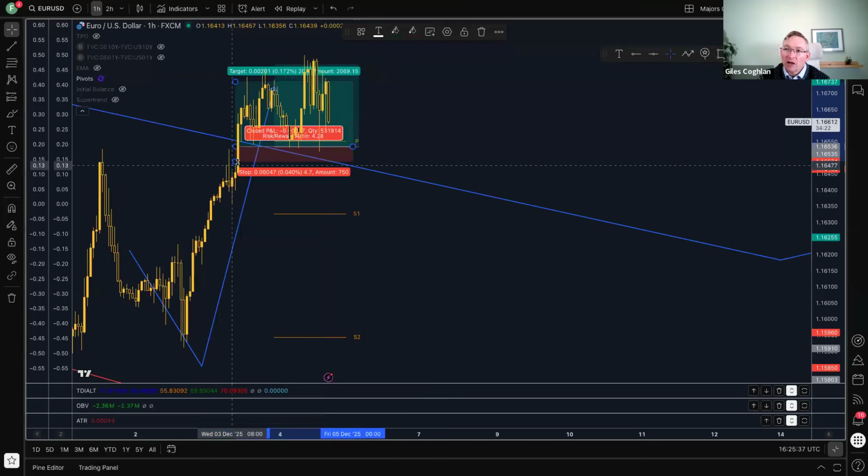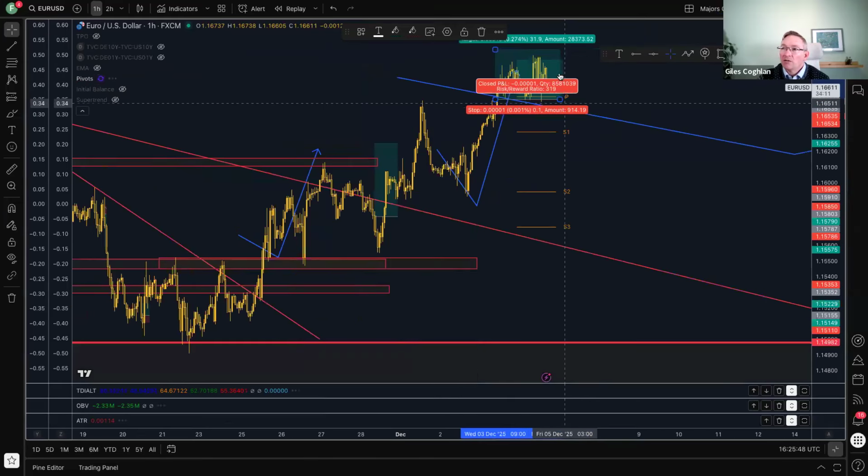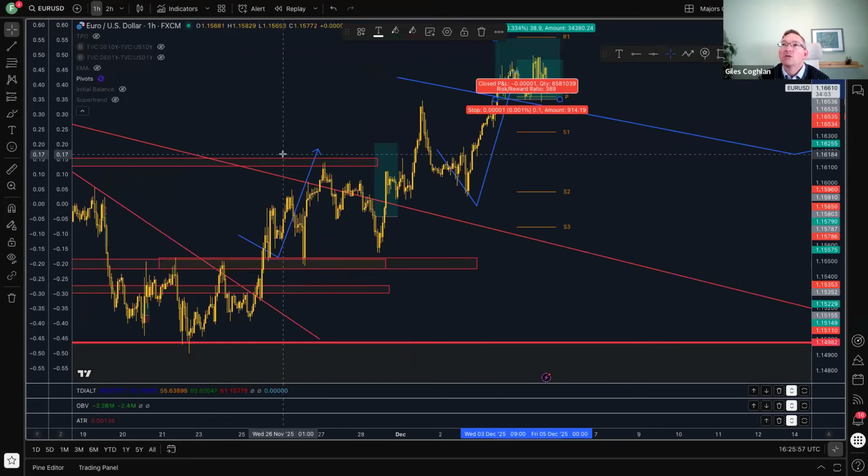And then I just move the second half up to break even. So if I get stopped out, fine. I've got 2 to 1. But if this carries on, it's like 100, 200 points, you can see straight away, right? Then you're getting like 20, 30 to 1. Get some fantastic risk rewards.